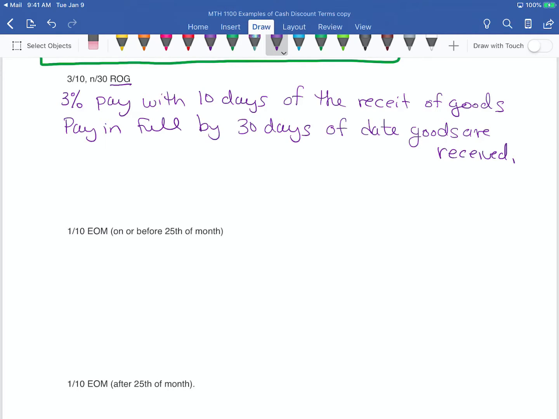So here's an example of a timeline again. Let's say our invoice date is April 2nd. So this is the invoice date. Let's say we receive the goods on April 5th.